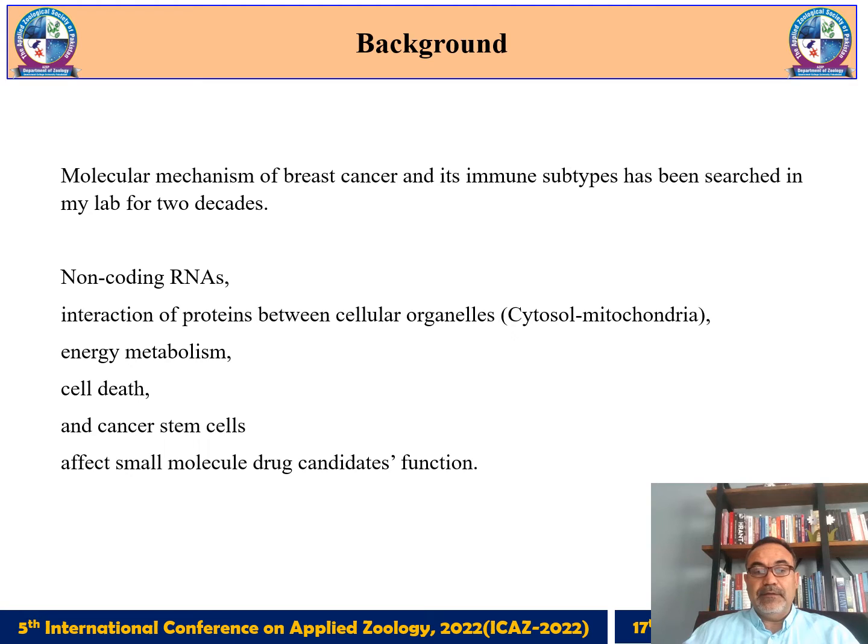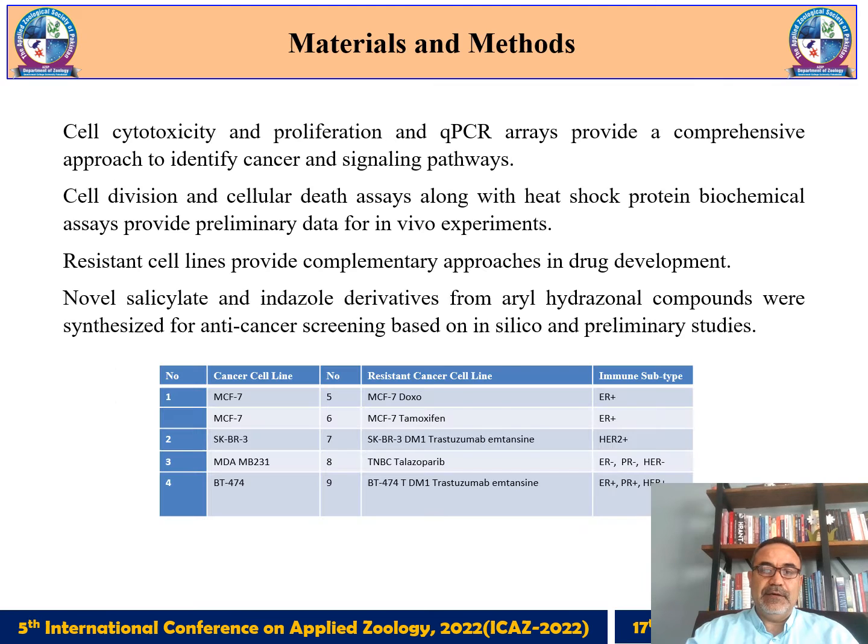But the last mishap is the cancer stem cells, and we monitored cancer stem cell proliferation through 4 genes to understand the effect of the designed inhibitors over cancer stem cells. We use PCR arrays to understand the signaling.